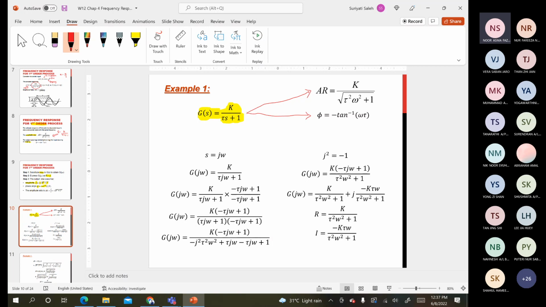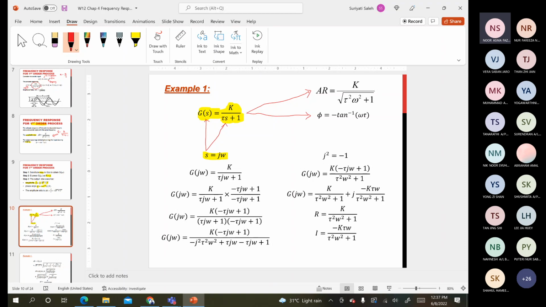So the first step is we want to substitute S equal to JW inside our equation. When you convert it, this one goes to the S, and this one goes to the S. So we substitute S equal to JW.